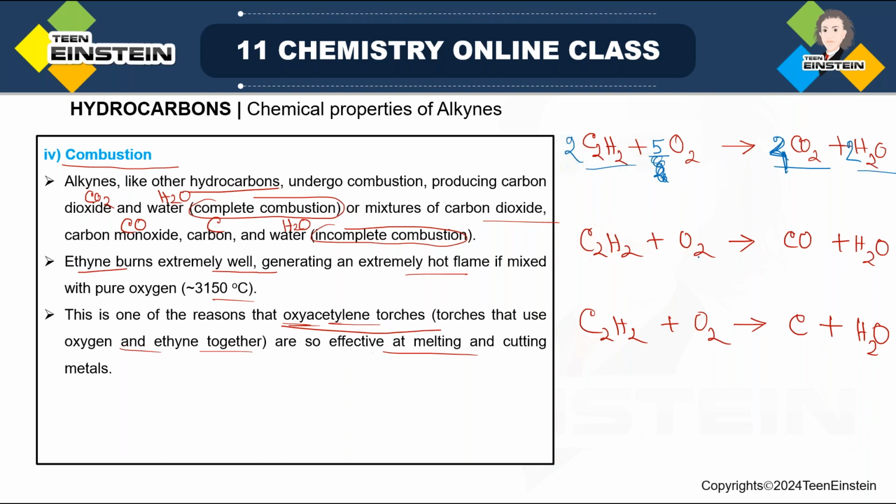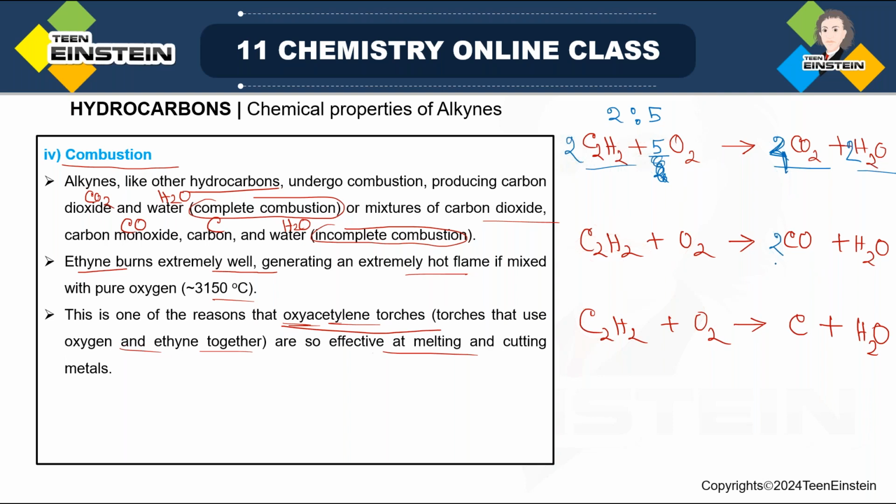Now come to the incomplete. And look at the ratio. It is 2:5, the ratio of C2H2 and O2 when it is complete combustion. Come to the second one. In the second one, again from 1 mole of C2H2, there must be 2 moles of CO generation because you have to balance 2 carbon and 2 hydrogen atoms. That means 1 water molecule. It is fine.